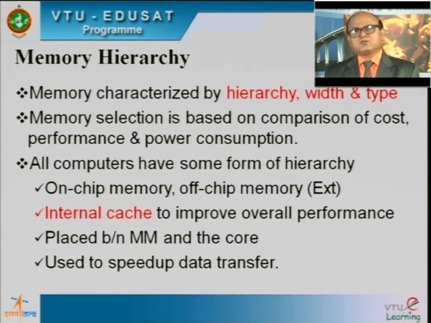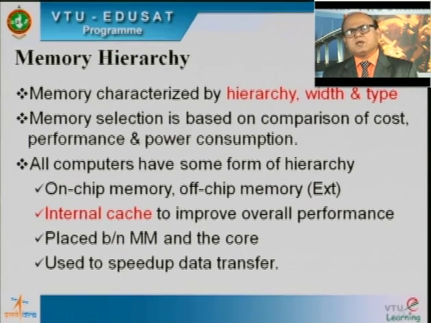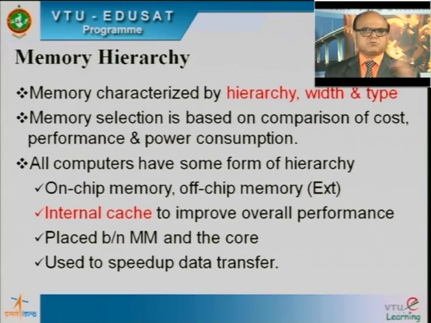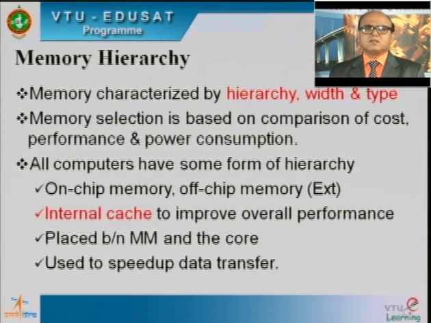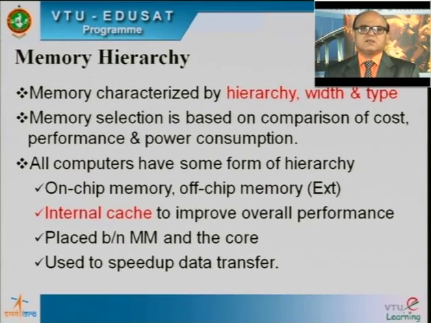Most processors contain L1 and L2 on the chip, and L3 is off the chip. Coming to embedded systems, internal cache is available in some of them, while in some embedded systems we intentionally avoid using the cache and also the secondary memory.